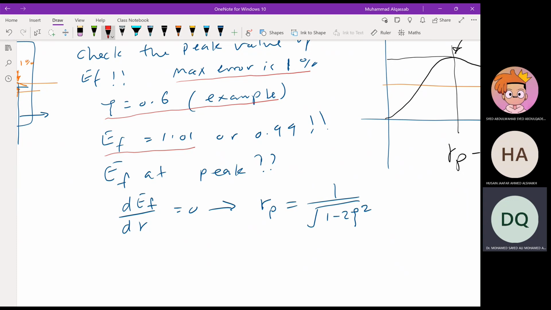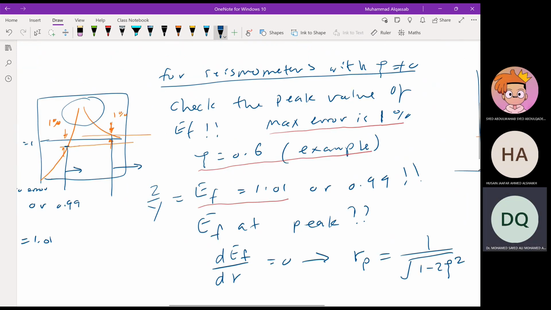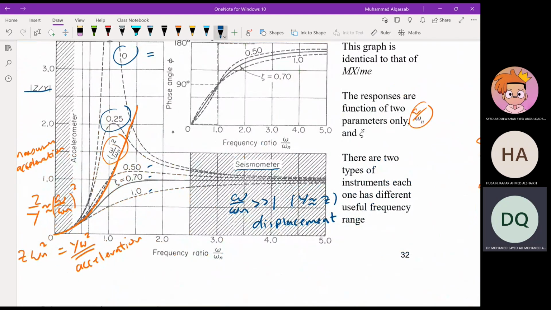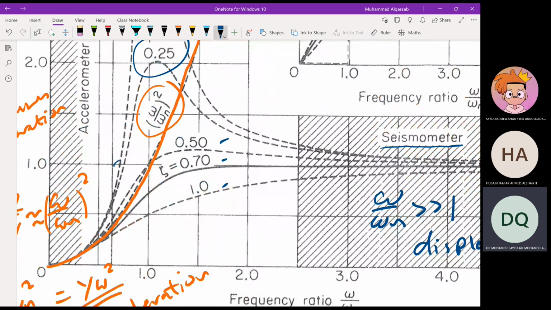Z over Y is called the error factor, from the equation we derived here. If Z over Y equals 1, it means that Y equals Z. So there is no error, right? And this can happen where there is an intersection point with the line equal to 1.